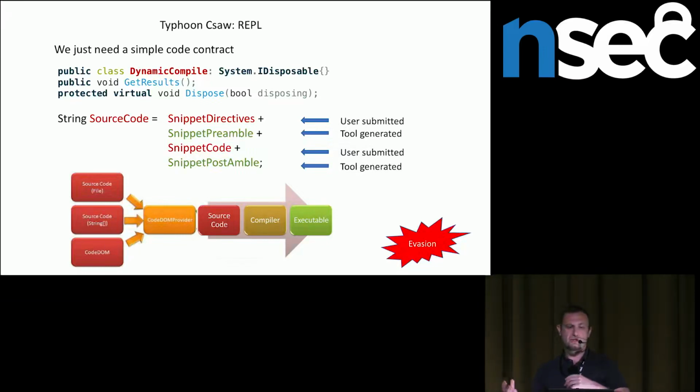So you put snippet directives, like for example, using System, into one part of the code, then you have some form of instrumentation from your cradle code to run the code through dynamic compile, and then you dispose of that, right? So we marry CodeDOM to the compilation. Also, there are evasion points here: you generate half of the code from the tool, and the other half of the code comes from the operator, somebody who wants to run the code in the REPL.